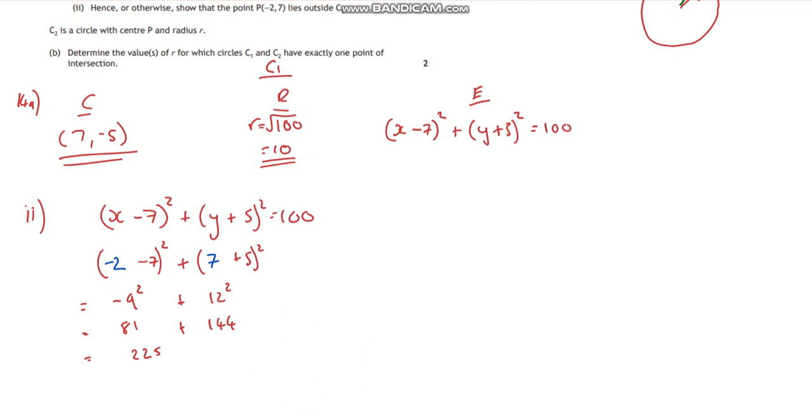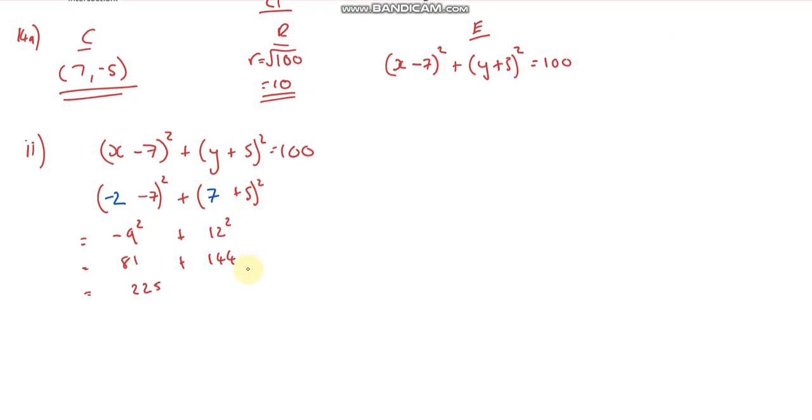So if that's equal to 225, I would then be saying that 225 is greater than 100, therefore the point is outside the circle. I think, to be fair, what I didn't need was this bit, equals 100. Yeah, I would have just done that, actually.